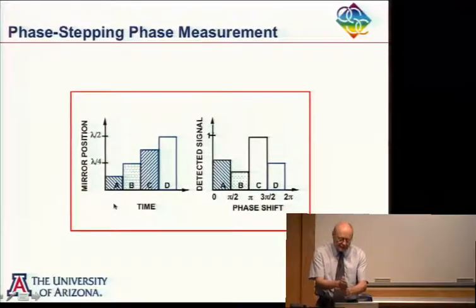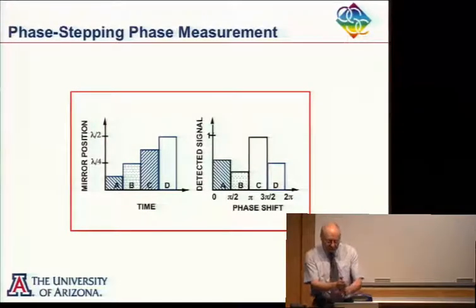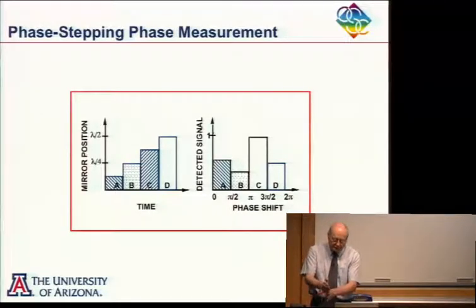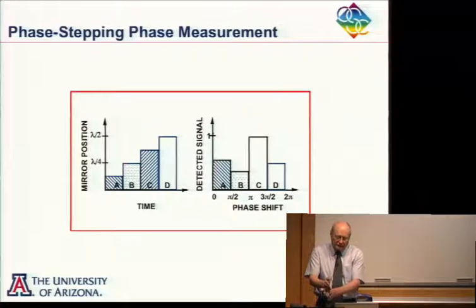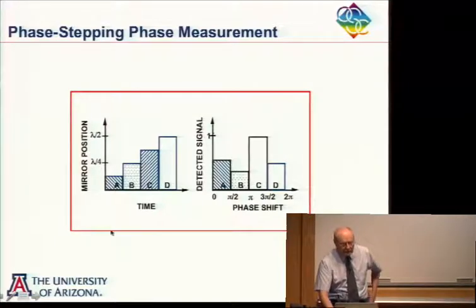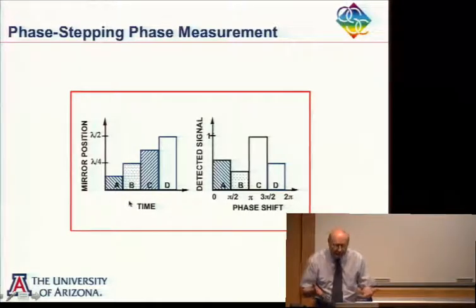Now, a practical problem is that I do a measurement here. Now I move a mirror. Well, it takes a little while to move the mirror, and then it takes a little while for it to really settle down. So I have to wait a little while before I read out my detector. Then I'll move the mirror and wait for it to settle down, and then I'll read out my detector and so on. So it's going to take, let's say each exposure is a 30th of a second.